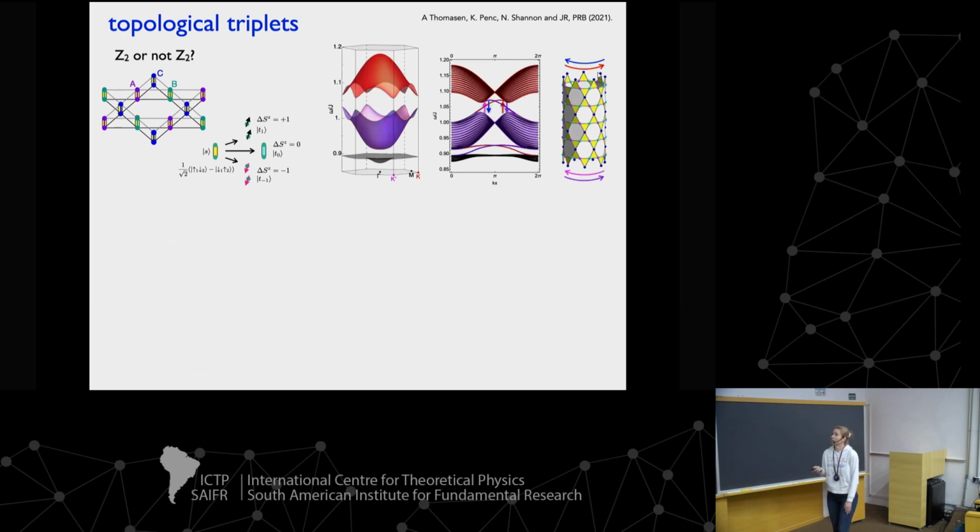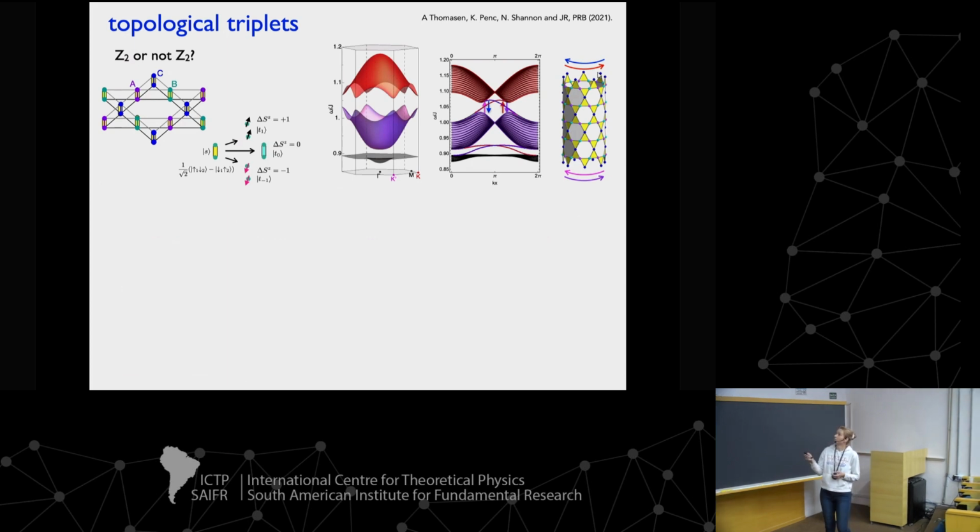As long as we are working with a toy model, as first proposed by Andreas Schnyder, we can get Z2 topological bands and helical edge modes, and a Z2 index, a spin Chern number, that would characterize these triplet excitations.